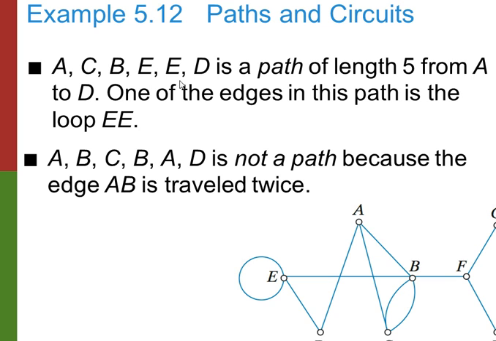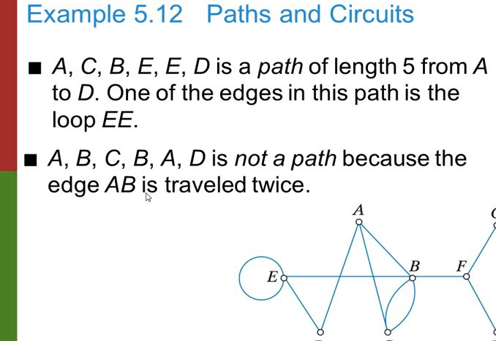A, C, B, E, D is a path of length 5. A, C, B, E, and then I could go around to E again, and then D back to A. A, B, C is not a path because A, B is traveled twice. So I cheated and went across A, B twice.